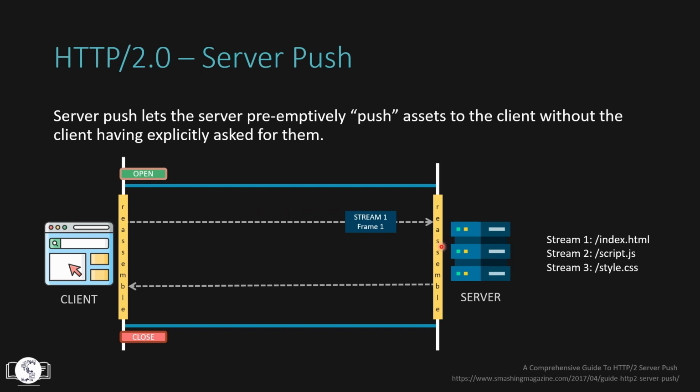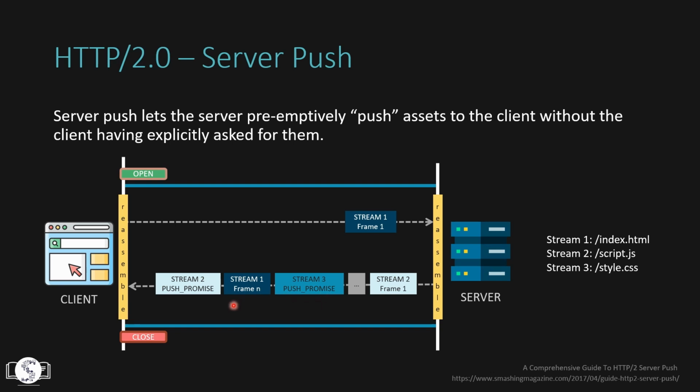After the server receives the index.html request, it will notify the client that the server will also send script.js and style.css, by sending a push promise frame type for each resource.